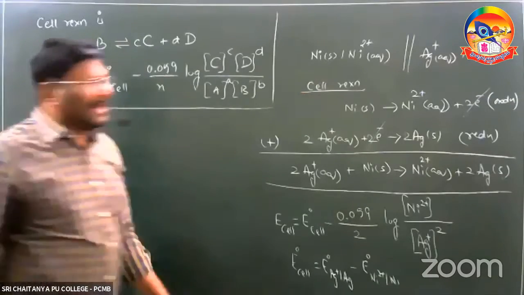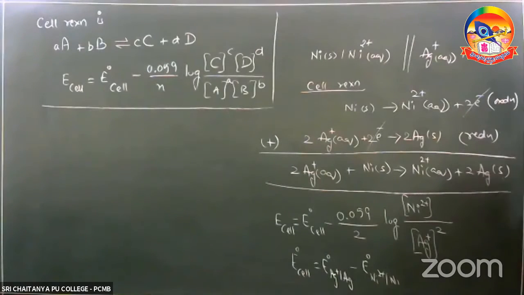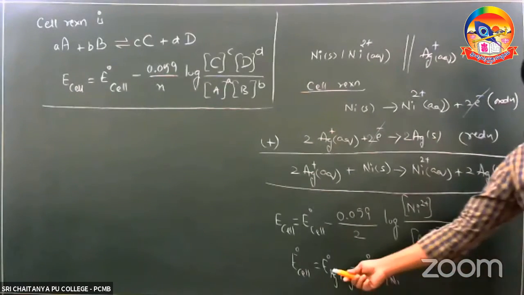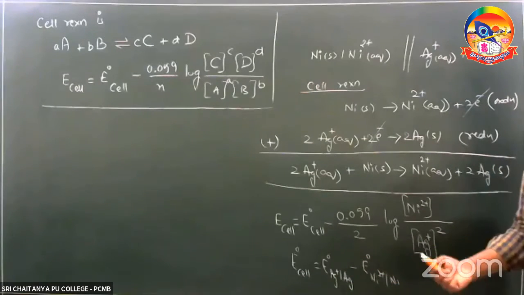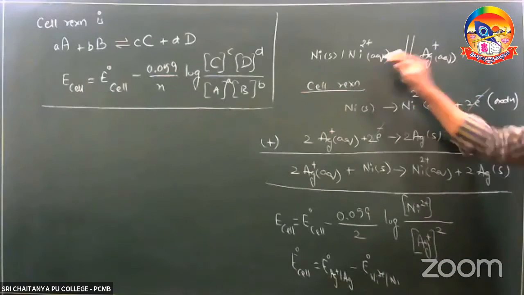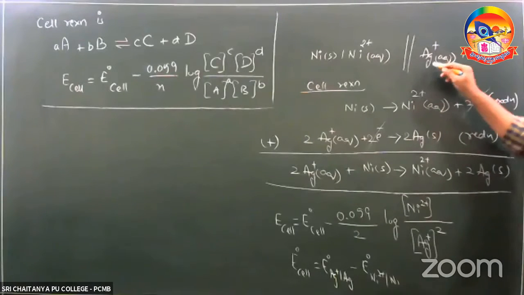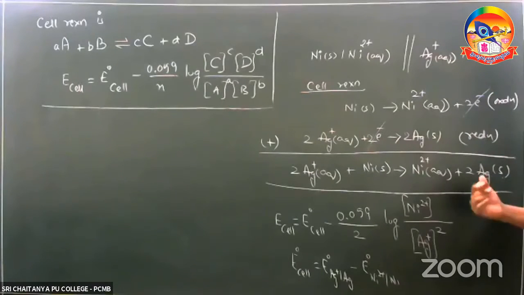In examination, generally, these two values, the SRPs of these two electrodes, will be provided. Understand? And then they write some concentrations, some 0.0001, here also some 0.01. Like that, they write the concentration, and we have to substitute here.